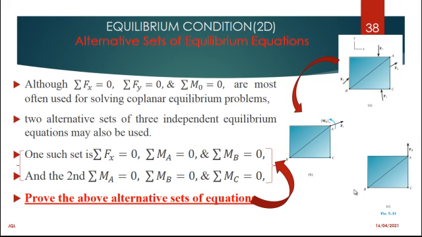When you look at our figure A, you have F1, F2, F3, F4, you have A and B. If you say summation of forces in the x, you are only going to have the component of F2, the component of F4, the component of F3.